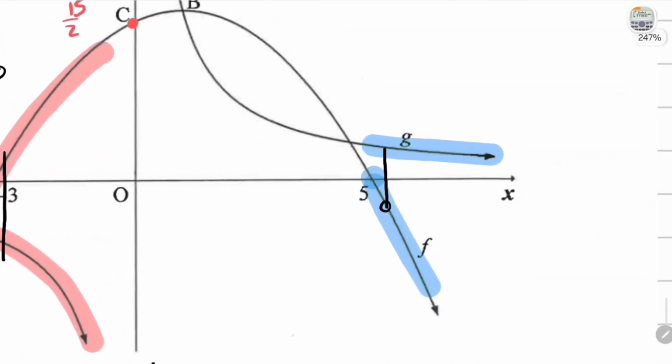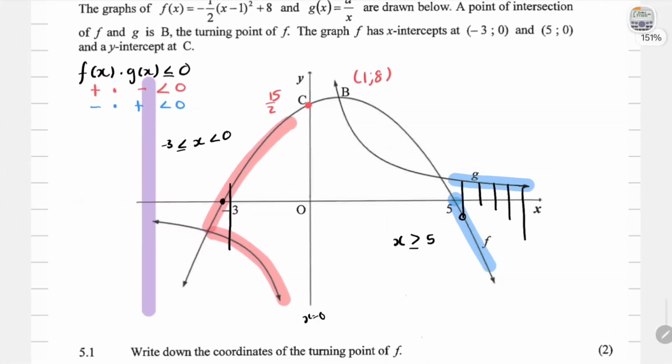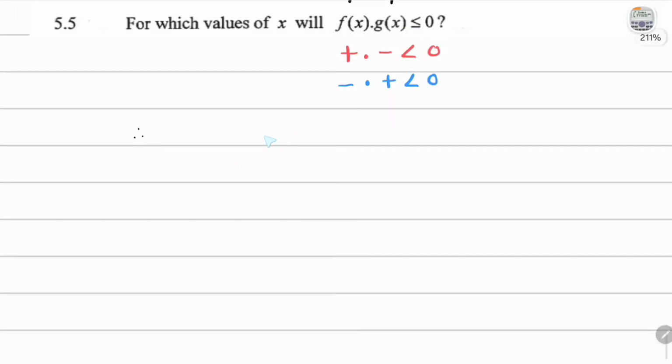Okay, so here it also works where x is equal to 5 and values that are greater than 5, because it keeps working all through here as well. So greater than or equal to 5, and those will be our solutions. So we'll say that x is greater than or equal to -3, but less than 0, or x is greater than or equal to 5.